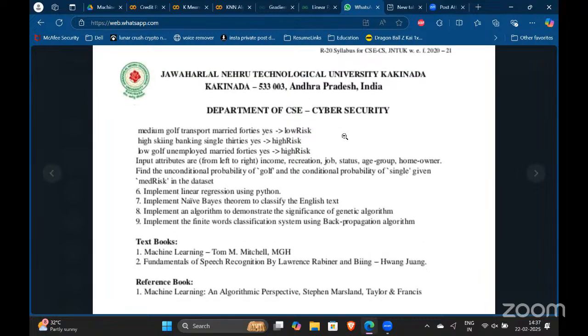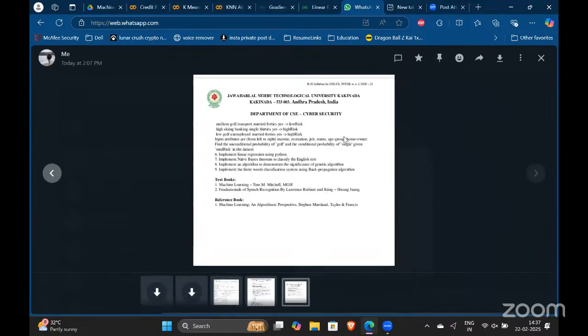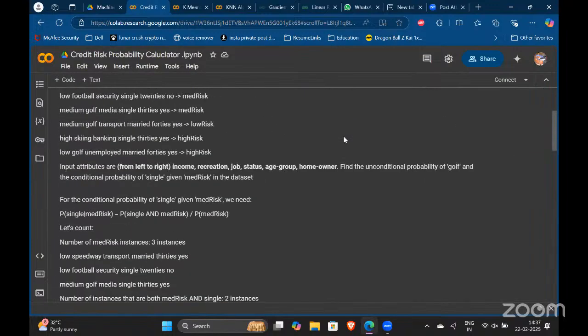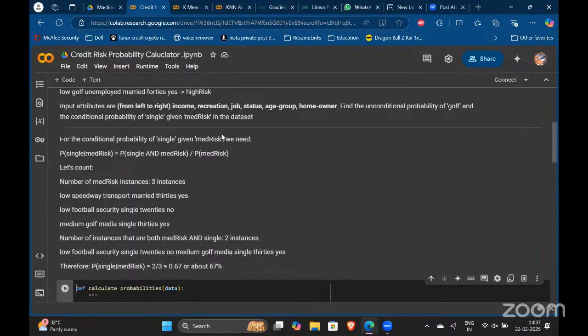Now let's see how we are going to resolve this. So here they told that for conditional probability of single given mid risk, we need to see the single mid risk. So here we have two values, A and B, two events, right?